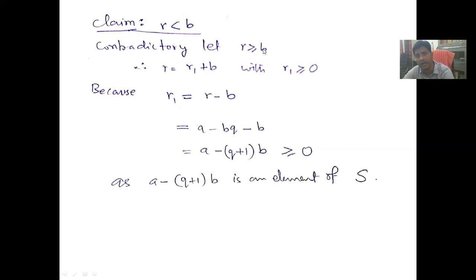We need to prove that R is strictly less than B. On the contrary, we suppose R greater than or equal to B. Take the opposite.